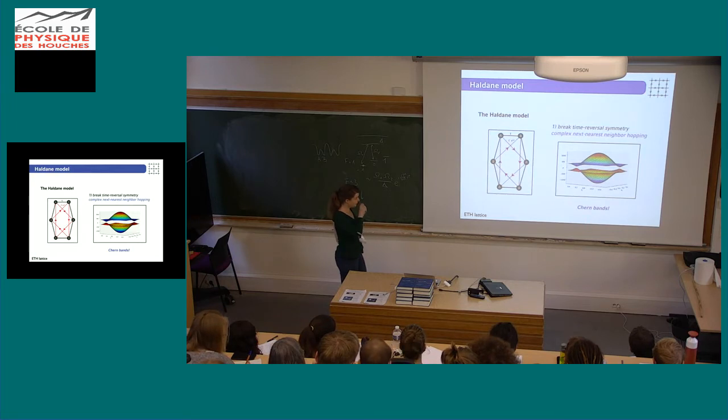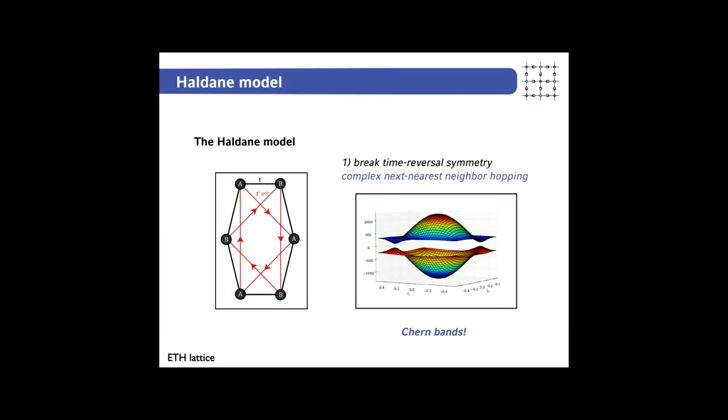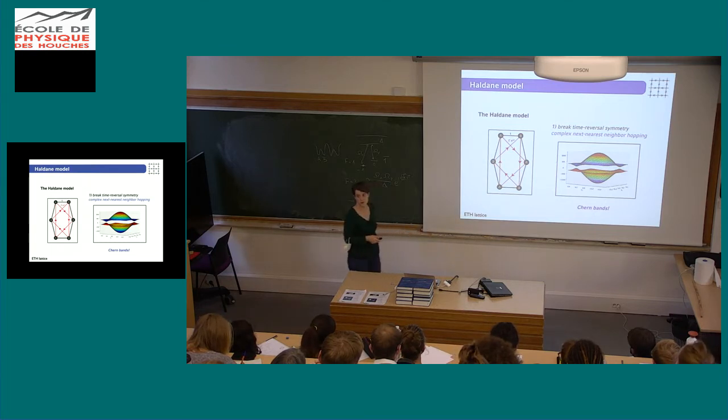Now, if you apply the complex next nearest neighbor hopping using the circular shaking, you see that it opens up a gap. And moreover, so this is not shown here, but then the Berry curvature around these k and k prime points, they have the same sign. So actually the sign of one of these Berry curvatures flips. And if you then integrate the Berry curvature for the whole band, you find that there's a Chern number not equal to 0.